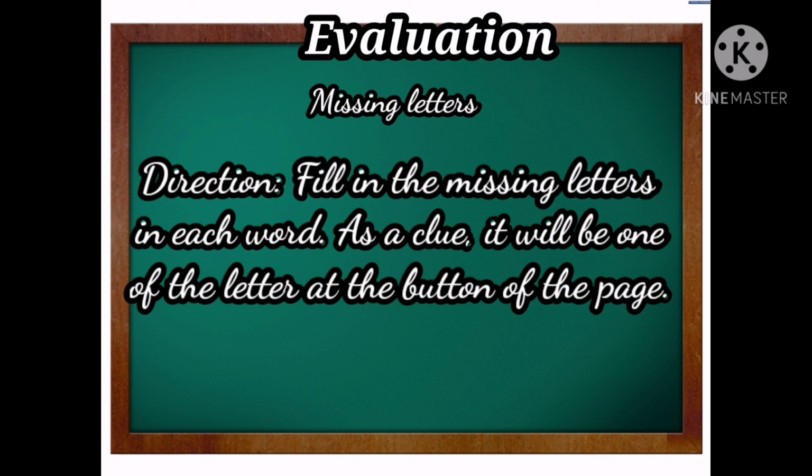Learners, for your evaluation, missing letters. Direction: fill in the missing letters in each word, using the picture as a clue. It will be one of the letters at the bottom of the page.